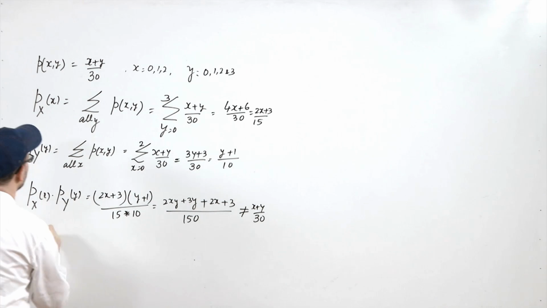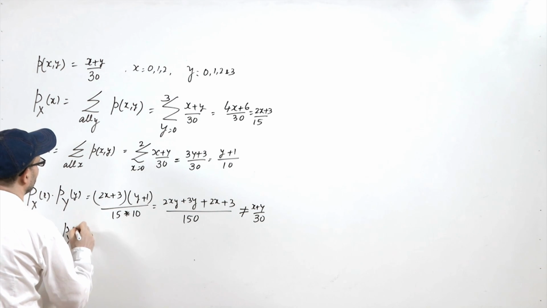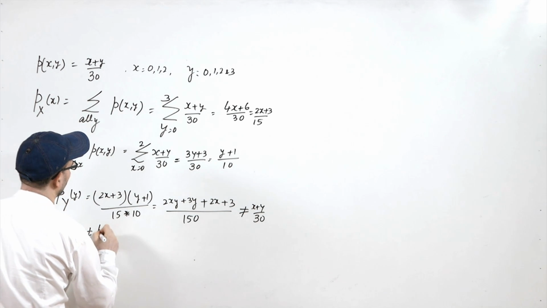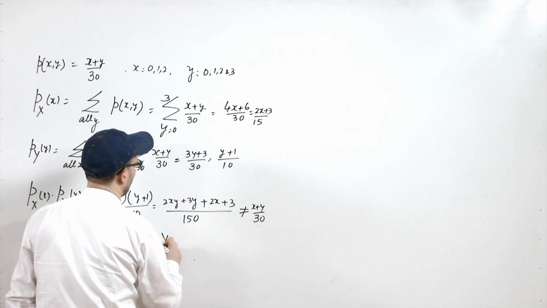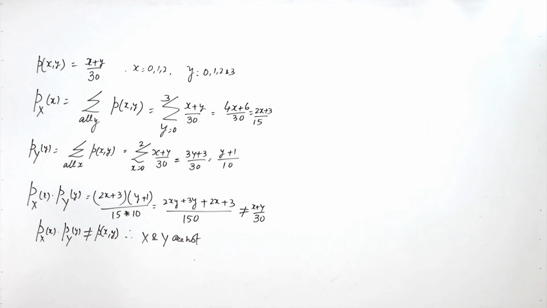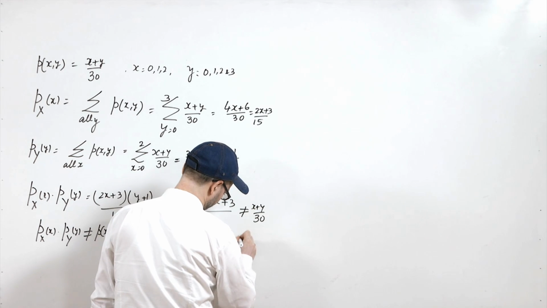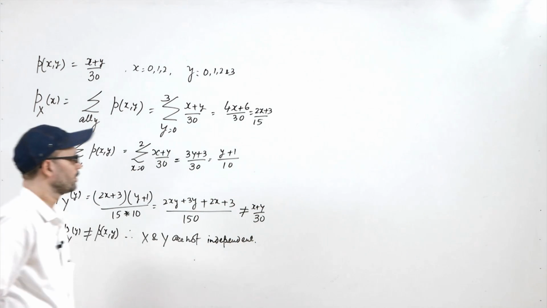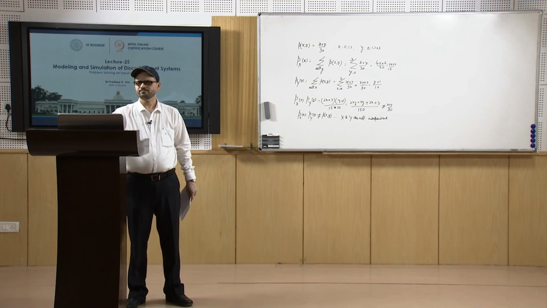It means pX(x) into pY(y) is not equal to pXY, so X and Y are not independent. This is how you solve this discrete joint distribution problem.